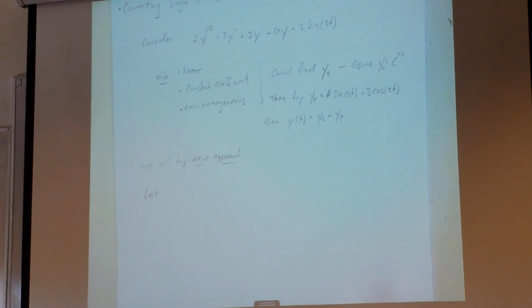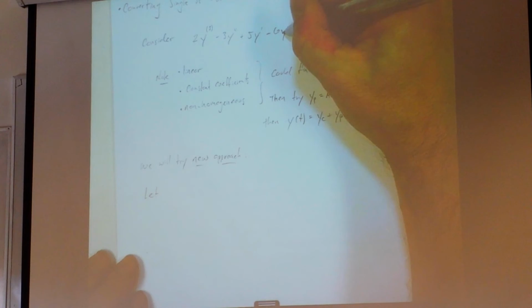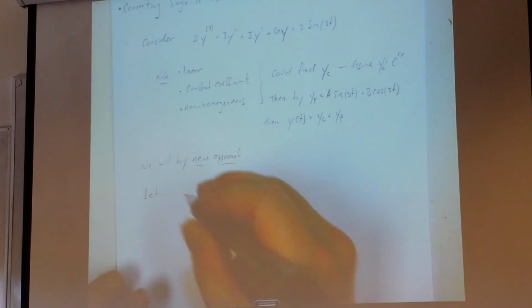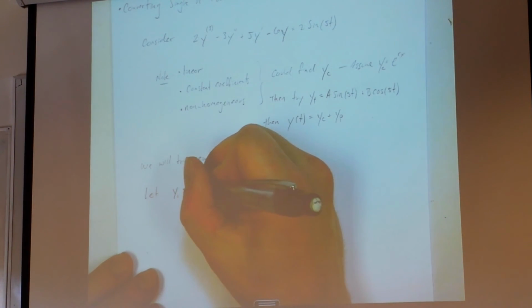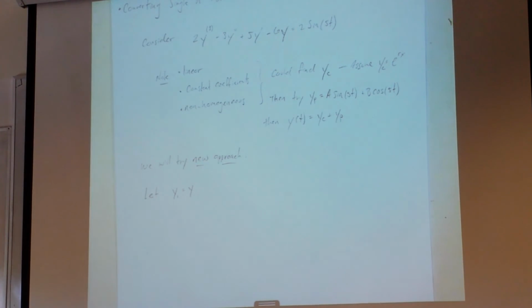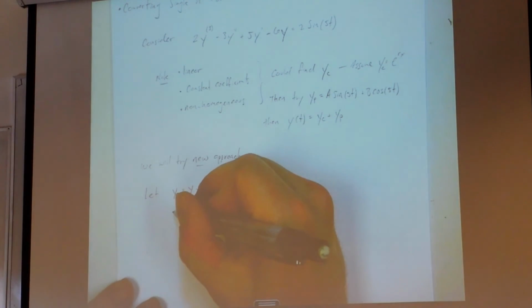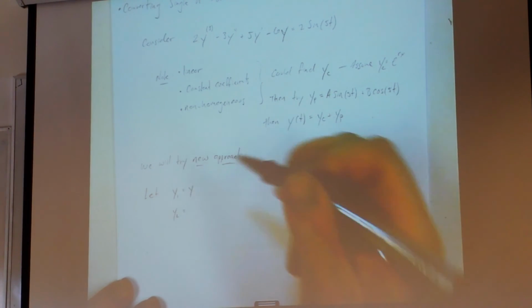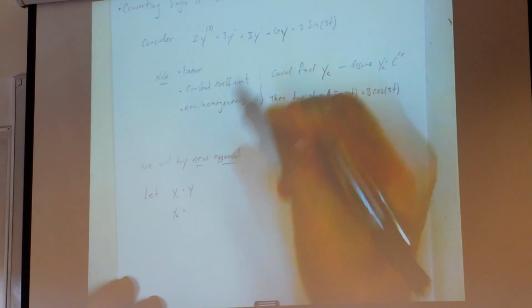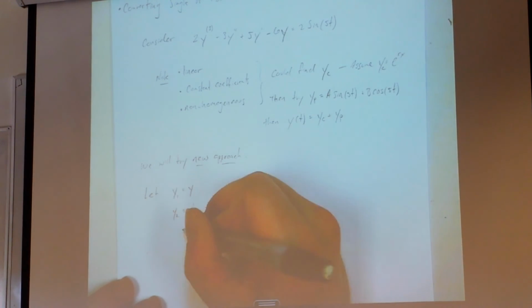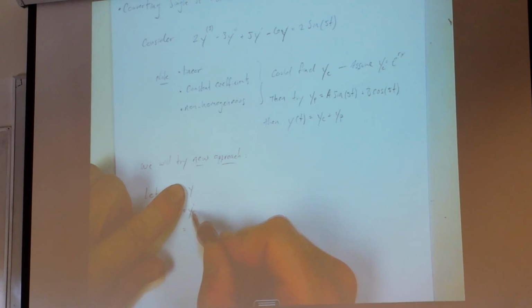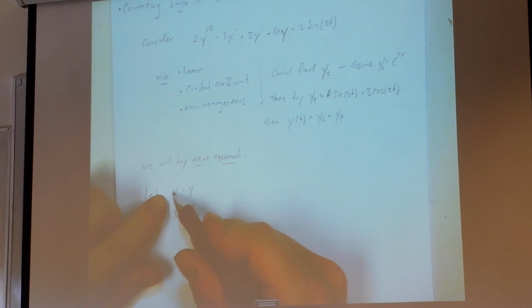Okay. So just for y, we call it y sub 1. And y sub 2, let that be y prime for a second. But what you might notice is that y prime is the same thing as y1 prime.